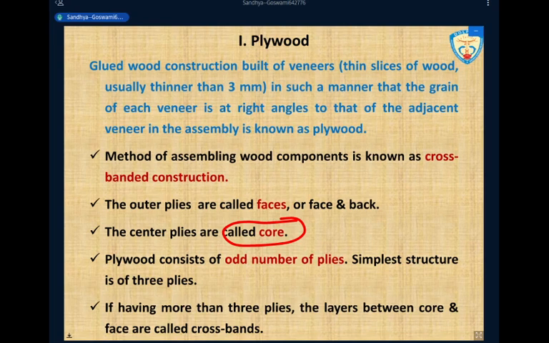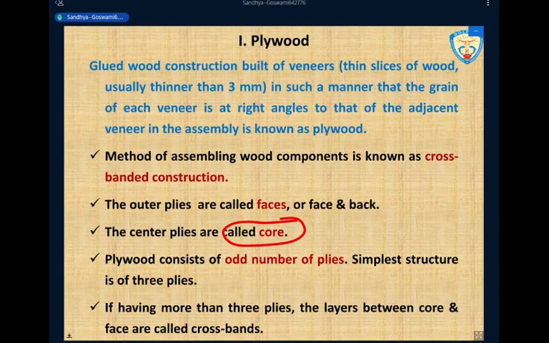And generally the number of plies, the number of veneers used, are always odd. It will be 3, 5, 7, 9 like this. The simplest structure is of 3 plies, in which one will be the core and 2 faces will be there.